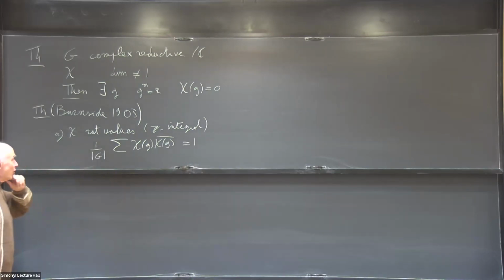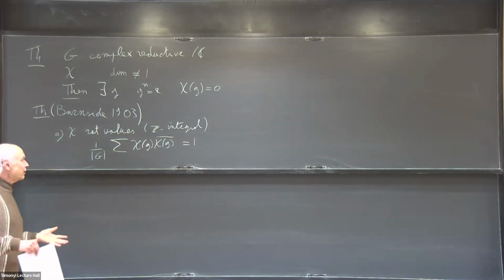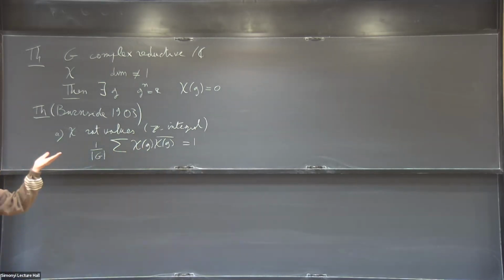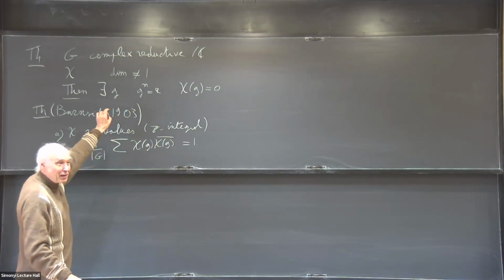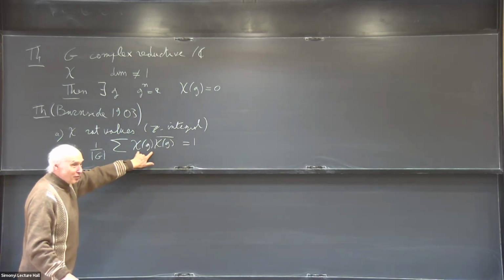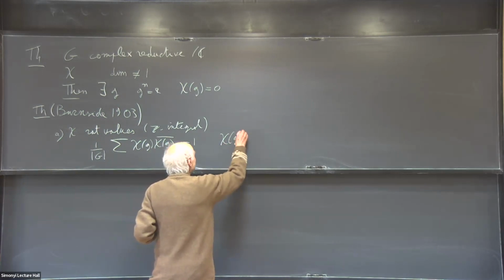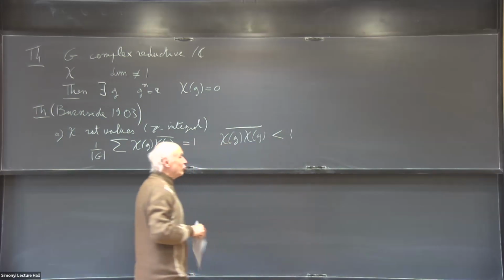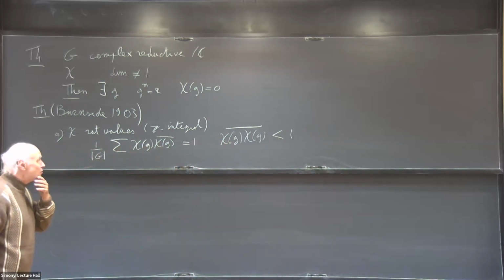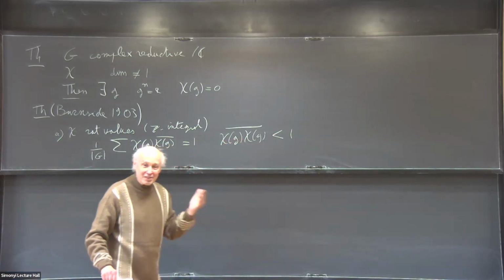And those are all integers. Now, if you have a family of integers and the mean is 1, then if one of them is bigger than 1, some has to be smaller than 1. And I assume the dimension is not 1, so at least at the unit element the corresponding term is bigger than 1. So I conclude that for some v, the absolute value of the character at v is smaller than 1, and then one uses the fundamental fact that if an integer is positive or 0 and is strictly smaller than 1, then it is 0.